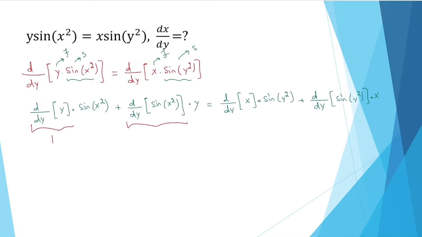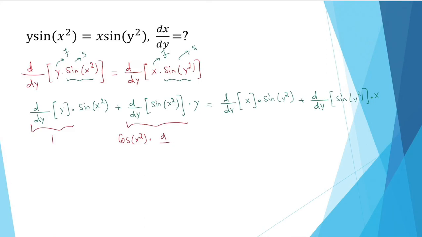The derivative of sine is cosine, so we get cosine x squared times the derivative of inside, and inside in this case is the argument inside the trig function because that was our outermost function. The derivative of x squared is 2 times x times, because it's not with respect to x, we need to use the chain rule one more time.